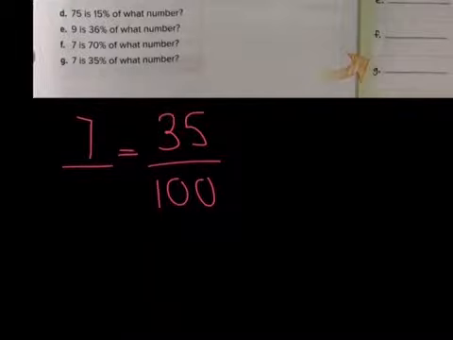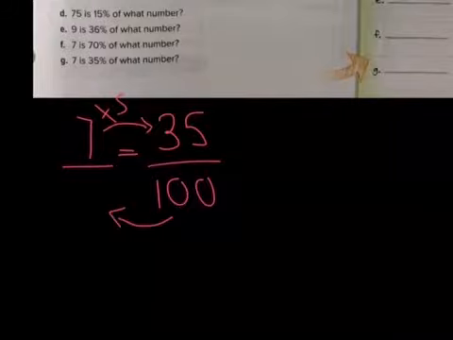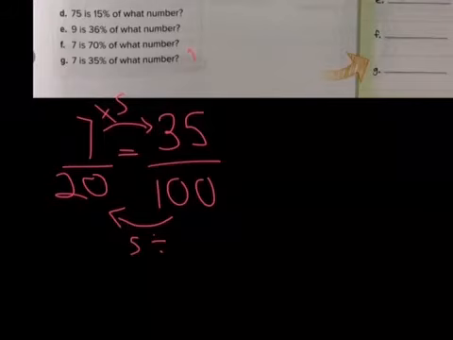What did I do to the 7 to make it 35? Multiplied it by 5, right? So I have to go backwards here and divide by 5. Correct? And I get my 20 right there. So the last one is 20.